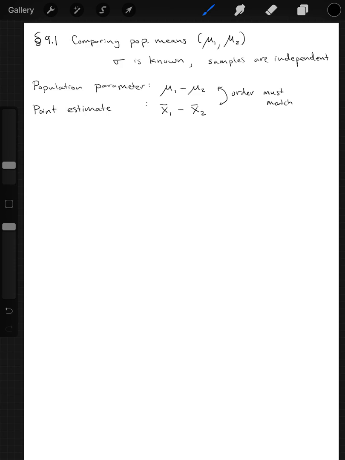In this case, N1 is the size of the first sample, i.e. the one associated with x bar 1.